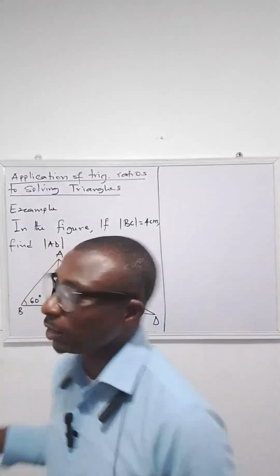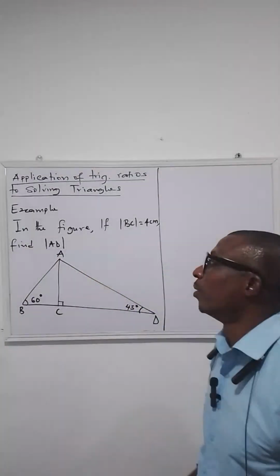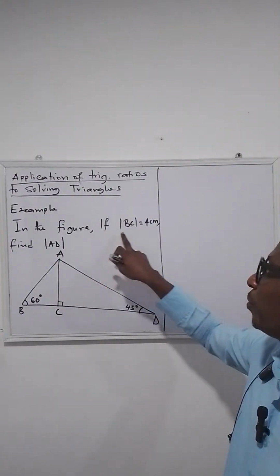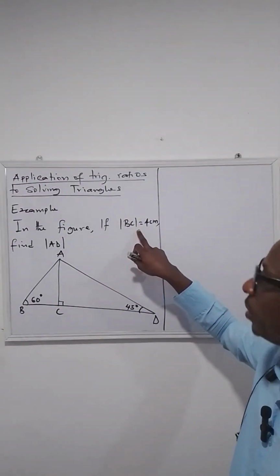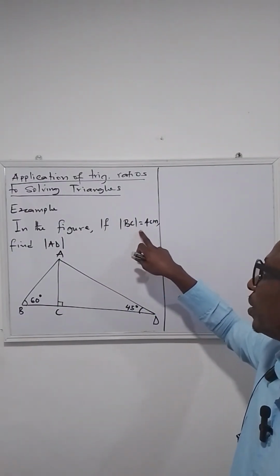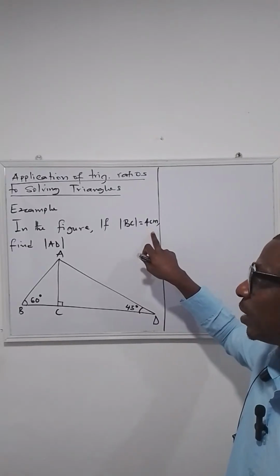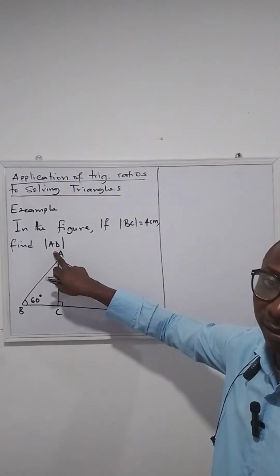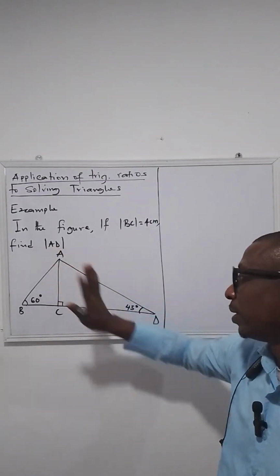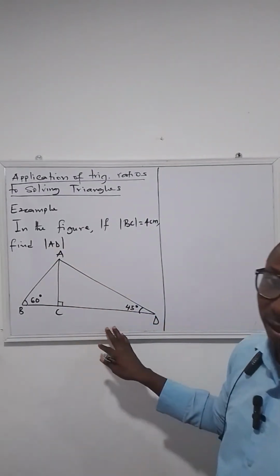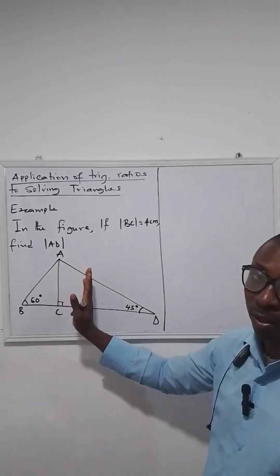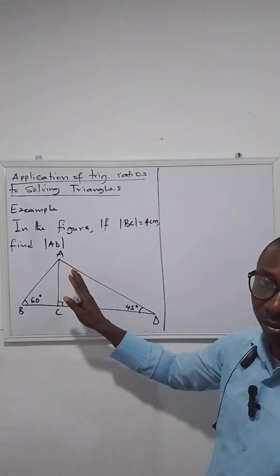Now, we are starting with this question here. In the figure, if length AB equals BC equals 4 centimeters, find length AD. Let us examine this diagram here. We can see three triangles.